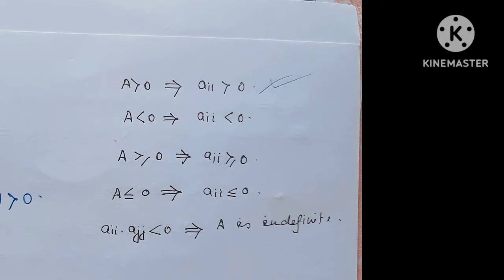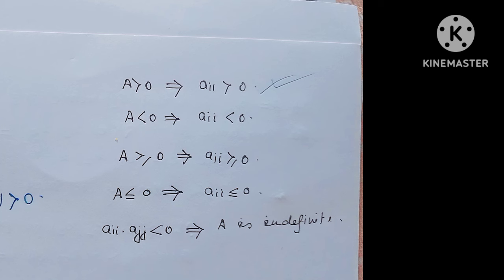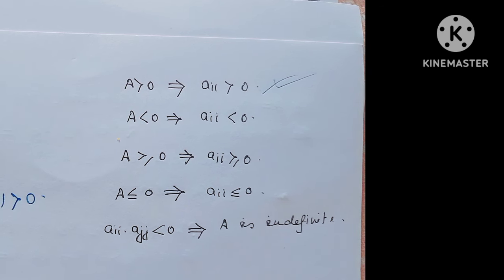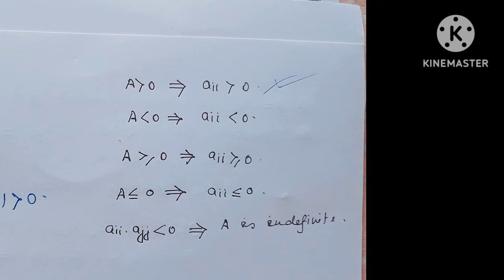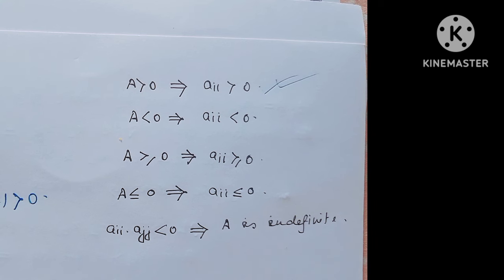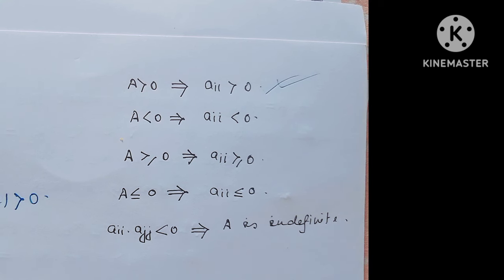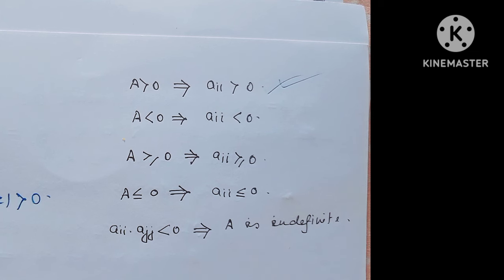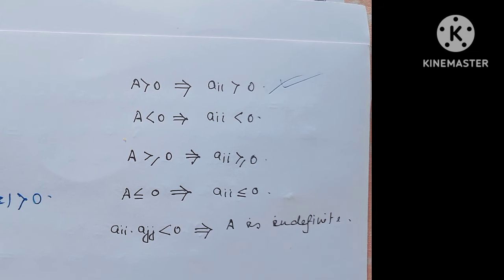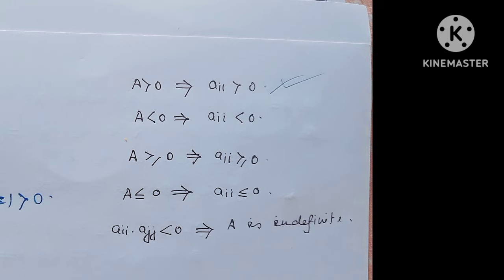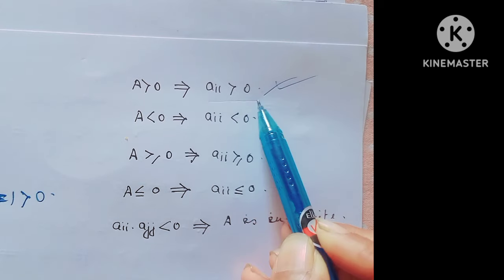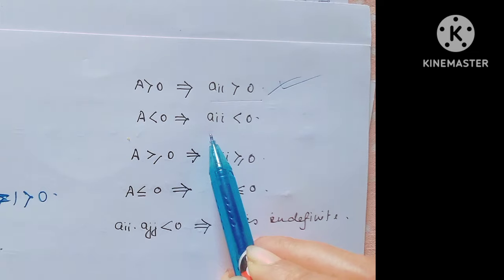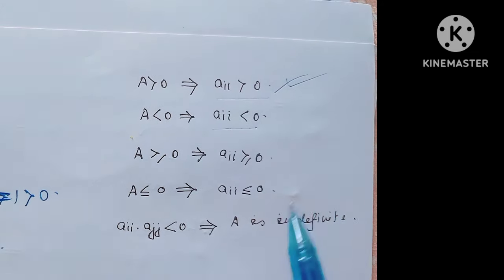Because when the matrix is positive definite, the matrix is symmetric, and all of us know in a symmetric matrix the diagonal entries are related to the eigenvalues of the matrix, and when A is positive definite, all eigenvalues are positive, so aii is strictly greater than 0. Similarly, when A is negative definite, then aii is strictly less than 0.